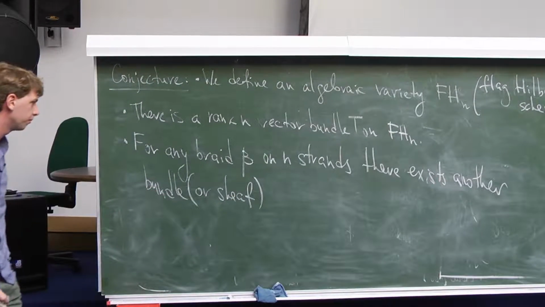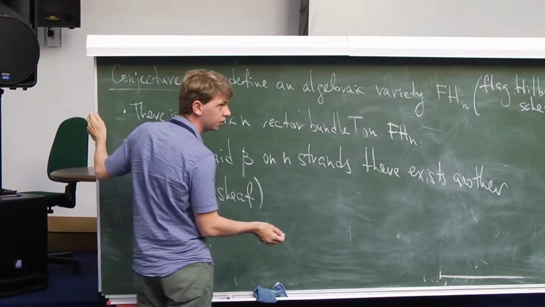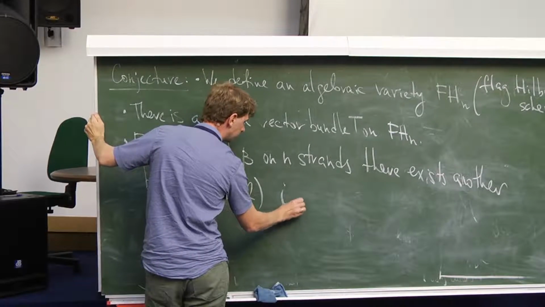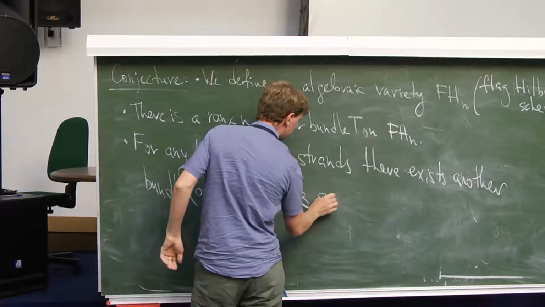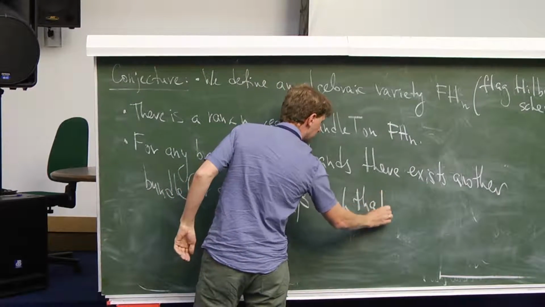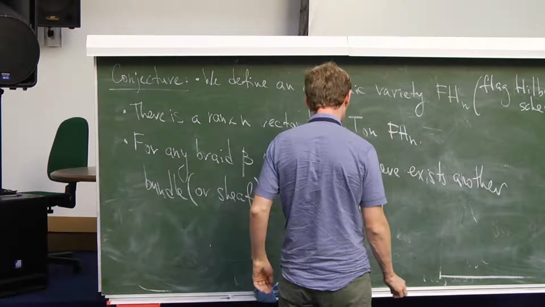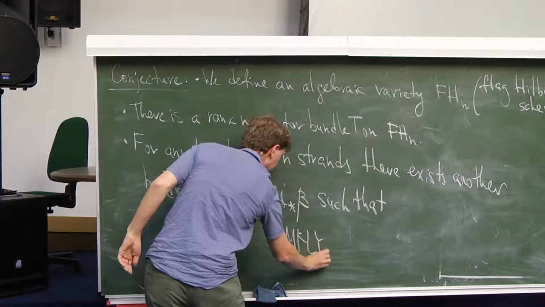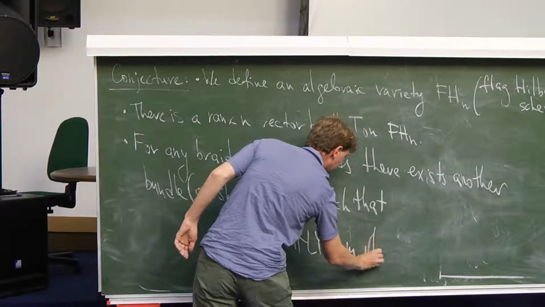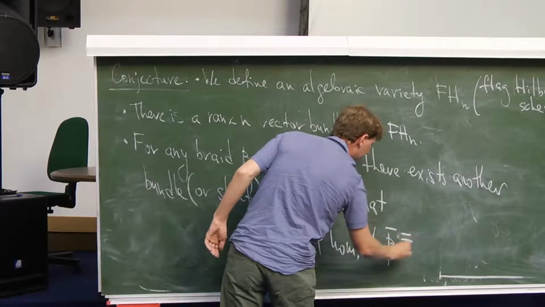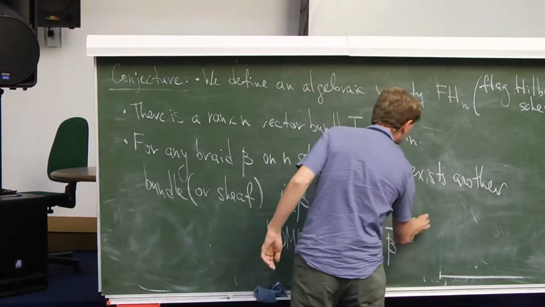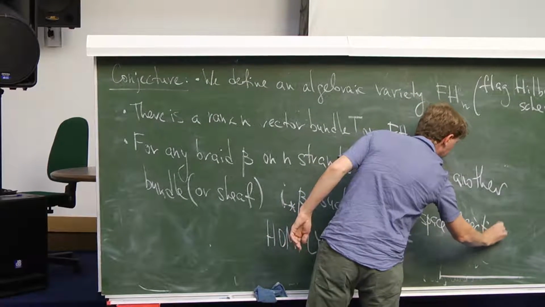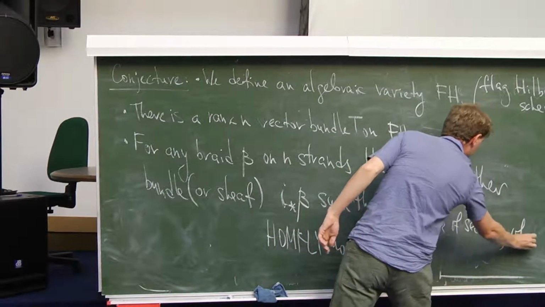Let's say that there exists some vector bundle, maybe a line bundle in many interesting cases, which I will denote by I lower star of beta, such that the homology of the closure of beta will in fact be the space of sections of the following thing.